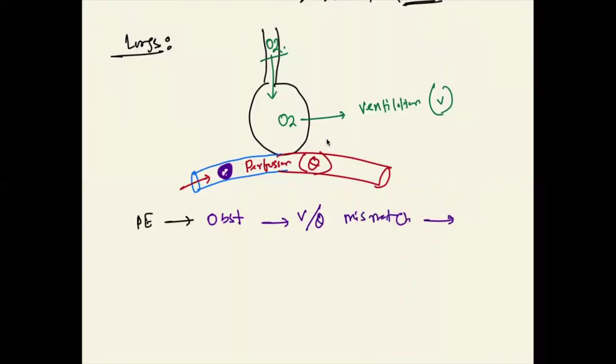As there is formation of a clot here, there is some inflammatory process. Also remember one thing, when oxygen can't come into the pulmonary vessels, the endothelium of the vessels has a special function.